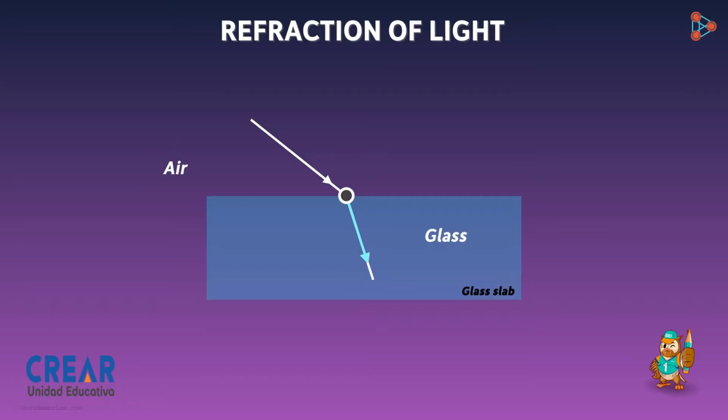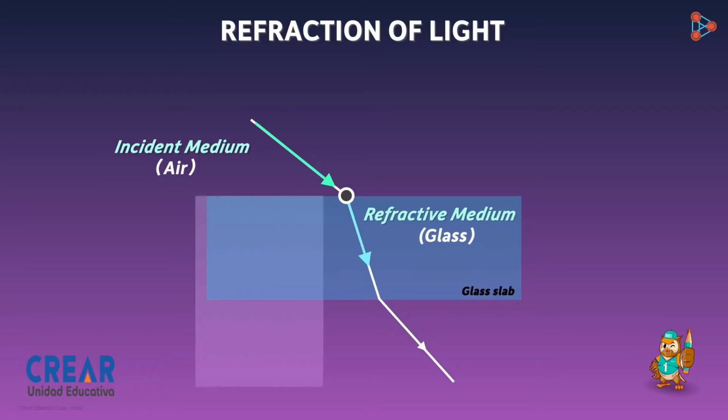It makes objects under a water surface appear closer than they really are. It is what optical lenses are based on, allowing for instruments such as glasses, cameras, binoculars, microscopes, and the human eye. Refraction is also responsible for some natural optical phenomena, including rainbows, as I told you, and mirages.